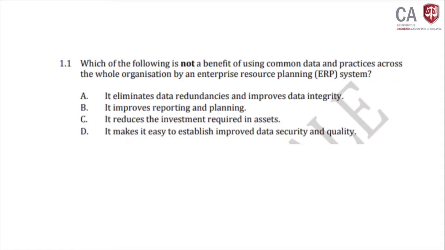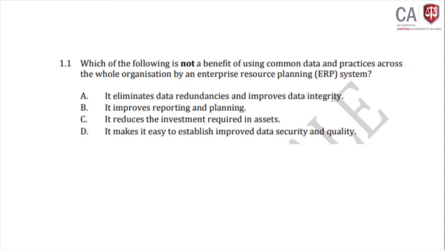If I brief you on the theory area for this, organizations started with materials requirement planning systems, where you initially plan only for materials. You wanted to optimize the material cost and the inventory.